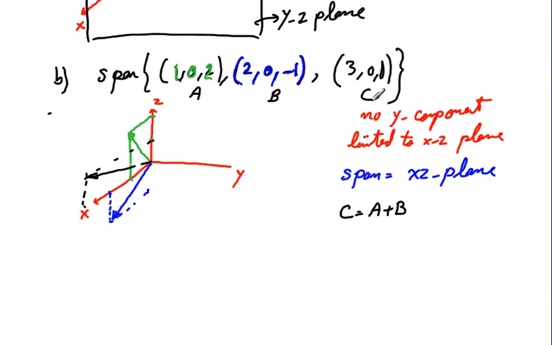So this is redundant; it is the sum of the other two. If you wish, you could think of B, the blue one, as redundant and write everything in terms of A and C. Or you could think of A as redundant and write everything in terms of B and C. So the span of this one is the xz plane. And so you continue with parts C and D.